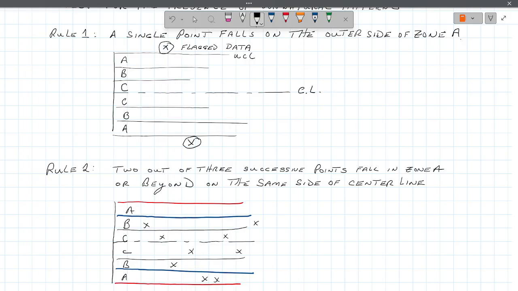One up there, one right there, one up there, one back down here in B, and one back up into A. Let me fix my graph so it extends out.